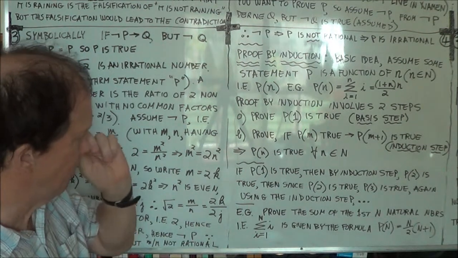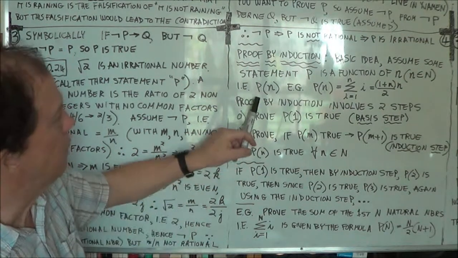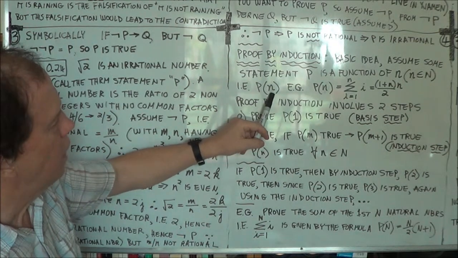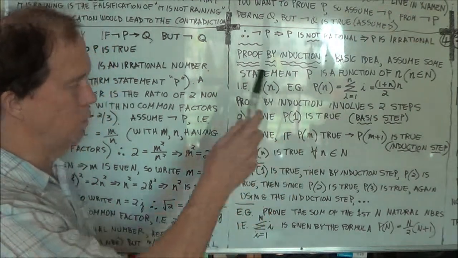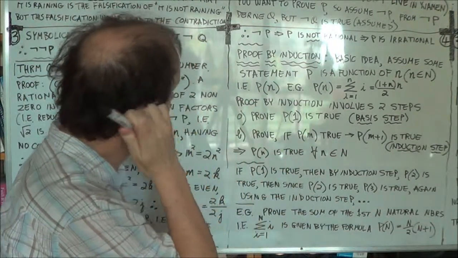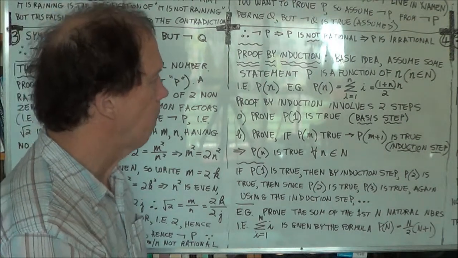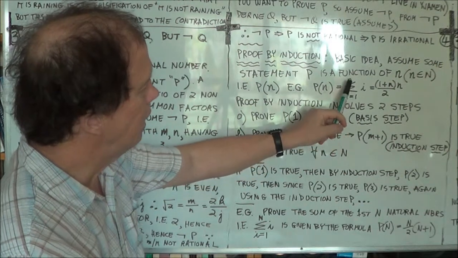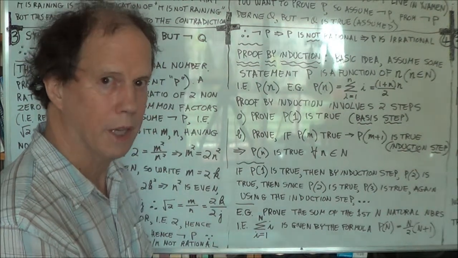So you're trying to prove by induction that some formula, they call it P of n, is true. So P is some mathematical statement about this integer n. Now I'll give you a concrete example to help clarify this. Let's say P is the sum of the first n natural numbers, counting numbers.